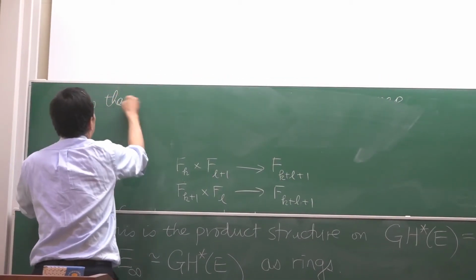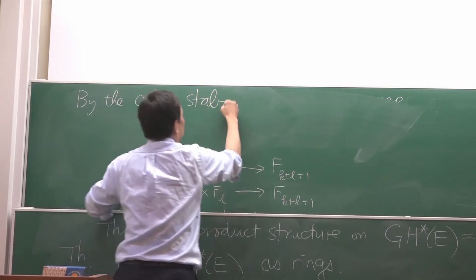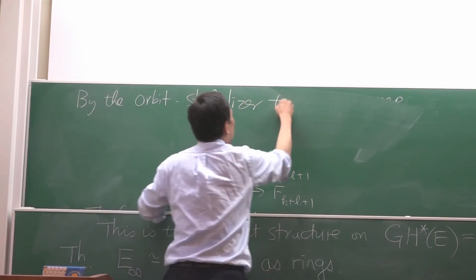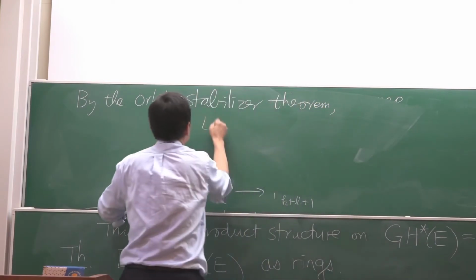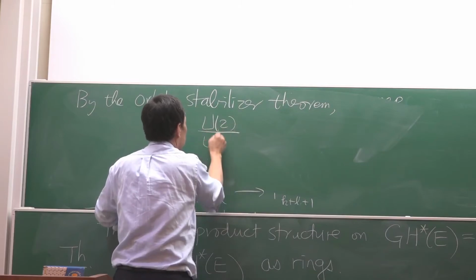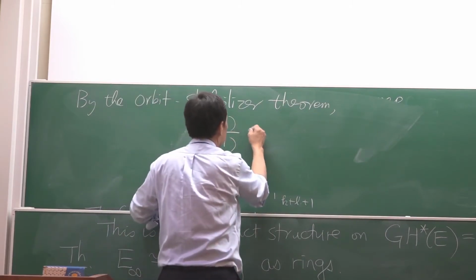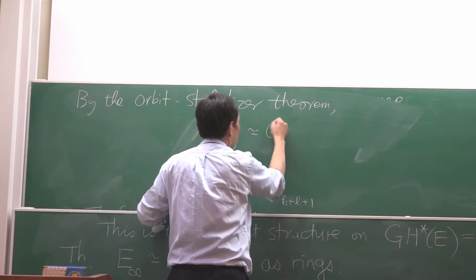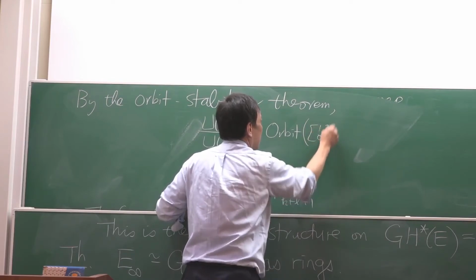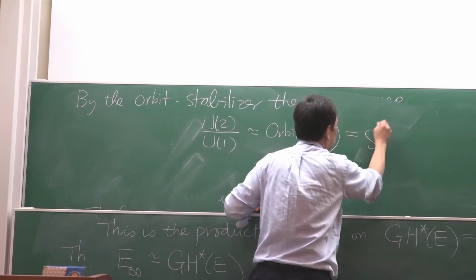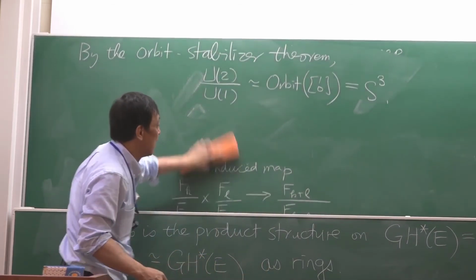And therefore, by the orbit-stabilizer theorem, U2 over U1, the group over its stabilizer, is diffeomorphic to an orbit. The orbit of a point is S3 because it acts transitively. Okay?